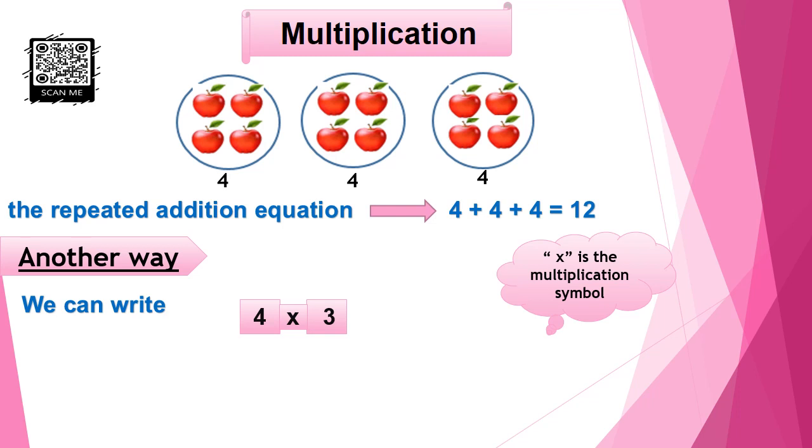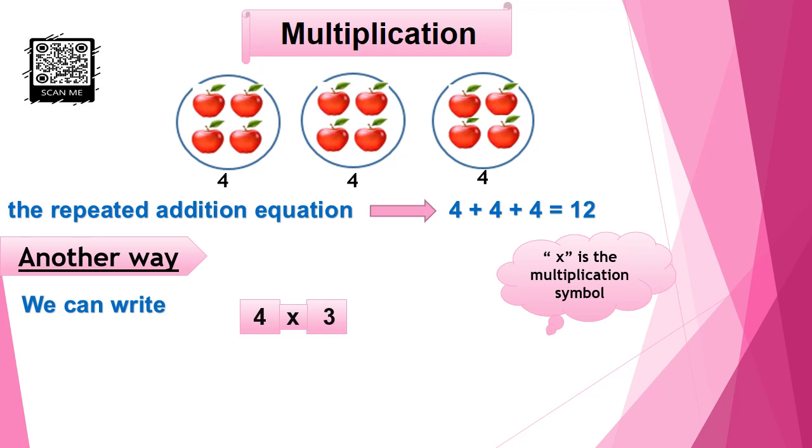Again, here I have 3 groups of apples. In each group I have 4. By repeated addition I can say 4 plus 4 plus 4. But in multiplication I know that I repeated 4 three times. So I will write the number I repeat.